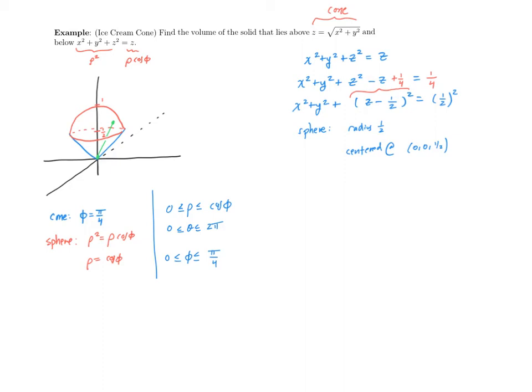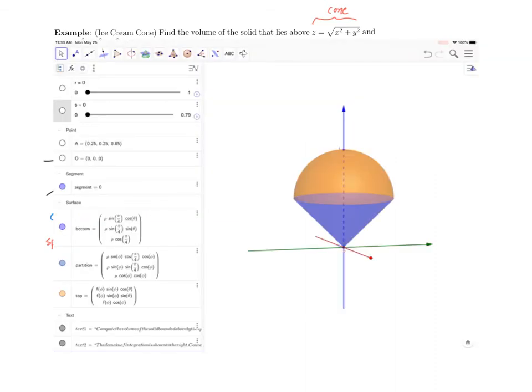And this is the difference between our previous examples. The rho value is bounded above by a quantity that depends upon phi, which means when we set up our triple integral, the d rho must appear before the d phi. But before setting up that triple integral, let's just take a moment to visualize this in GeoGebra. We can hopefully very clearly see our ice cream cone. We have the cone and the sphere.